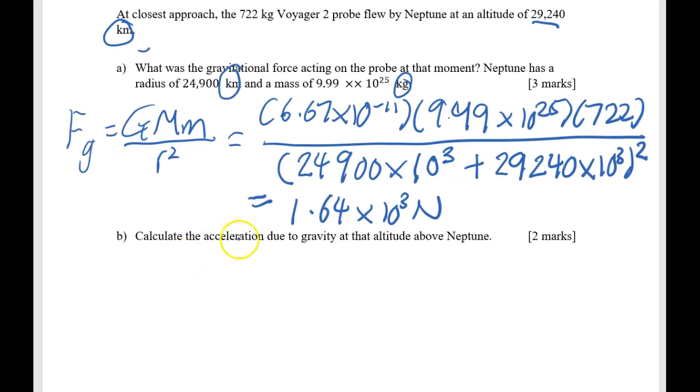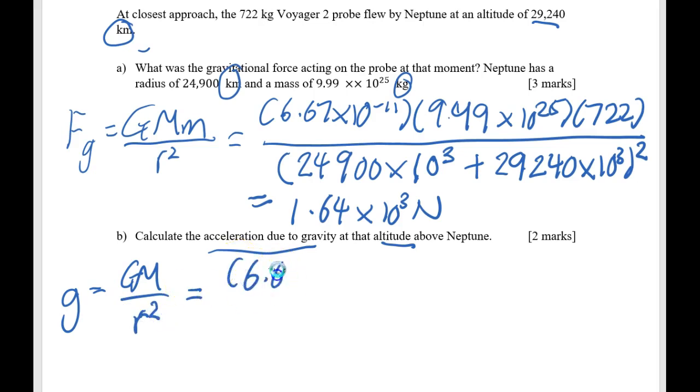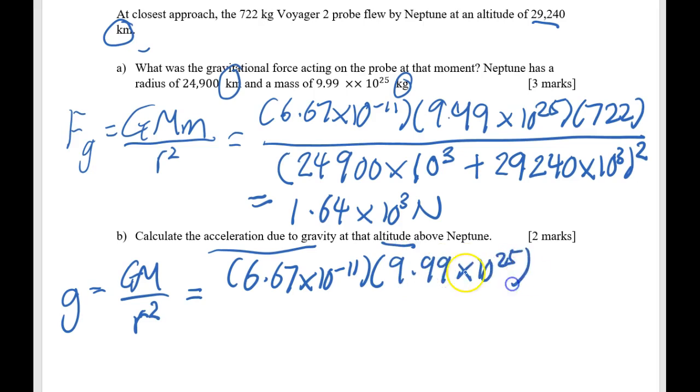Next will be to calculate the acceleration due to gravity at the altitude above Neptune. For this one, you can use the gravitational field strength formula, GM over r squared. Of course, substitute the capital G, substitute the mass of Neptune, 10 to the power of 25, and lastly, same thing, the r, you have to be extra careful.